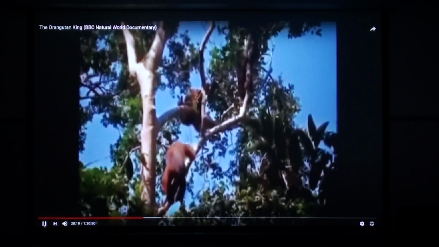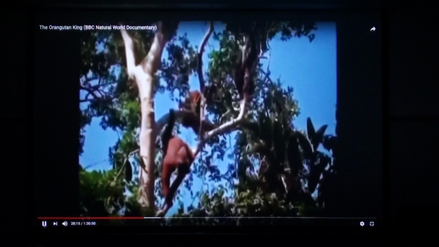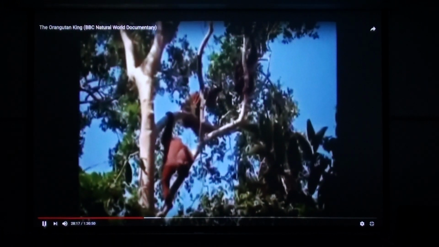But as a smaller male, he's not welcomed by the females. They protest and fight. To be successful, he must use force and speed. This is a high-risk strategy. Being caught by a dominant male could easily mean death.